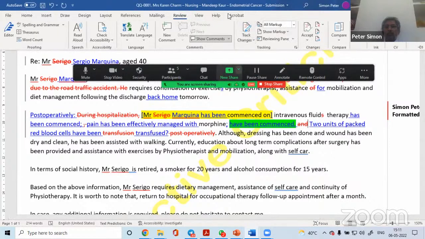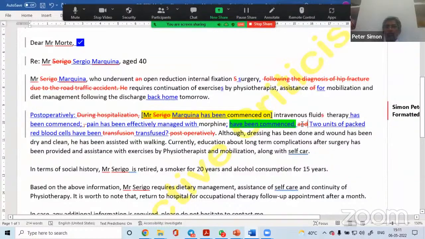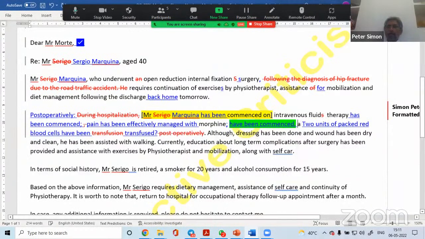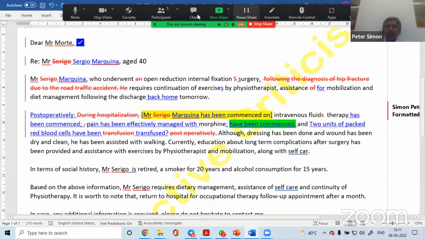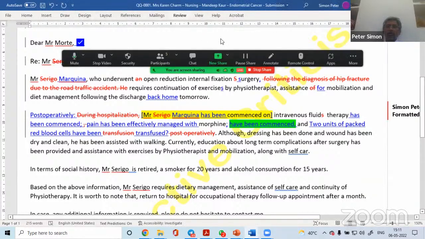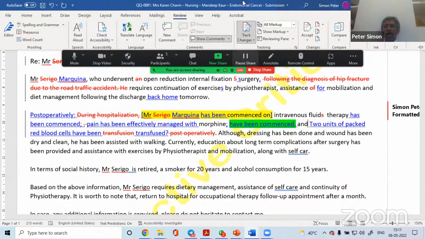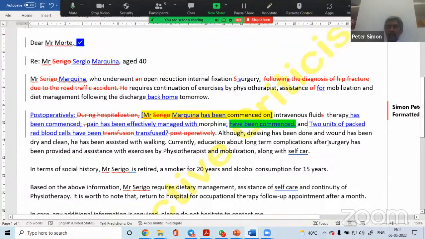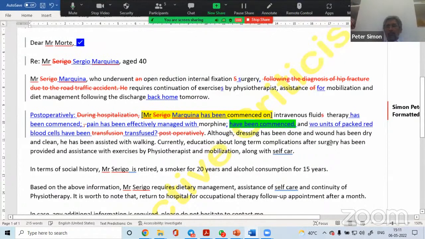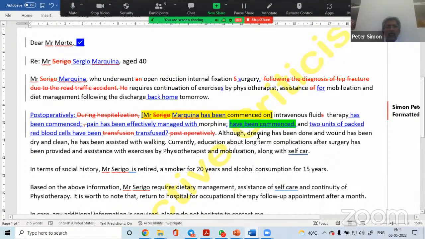So I'll remove this and now again start. That is what you have already written; I'm just modifying it. 2 units, and semicolon here also. 2 units of packed red blood cells have been transfused.